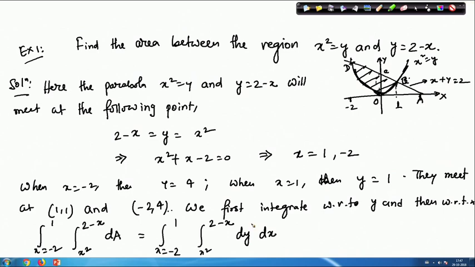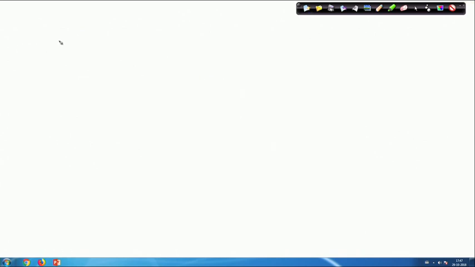So if we integrate with respect to y first, then we'll end up with the integral from minus 2 to 1 of y, so integral with respect to dy, and then the limits would be x square to 2 minus x, dx, and then we substitute the value.